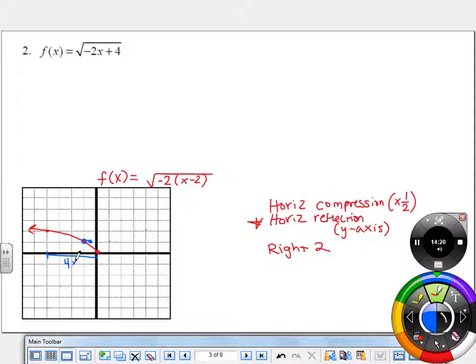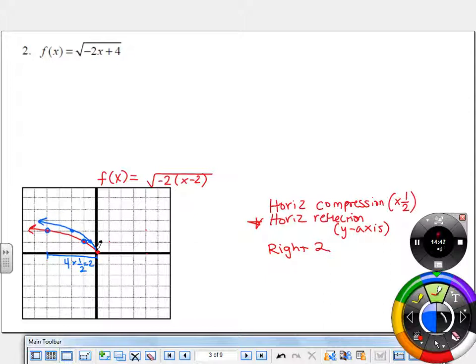Again, that means multiplying in this case by 1/2. And 4 times 1/2 is going to be 2. Okay? That means instead of these points being 4 units apart, the height of this point is not going to change because I have no vertical change going on here. I just want it to only be 2 units away from the vertex instead of 4. So this point is now going to be plotted here. Okay? So at that point, it looks like this.